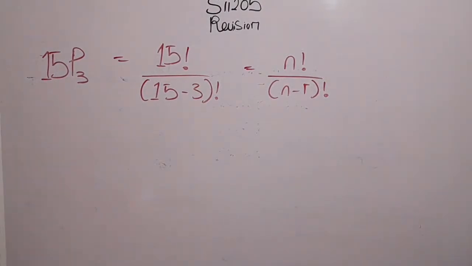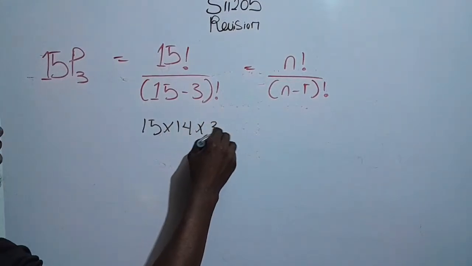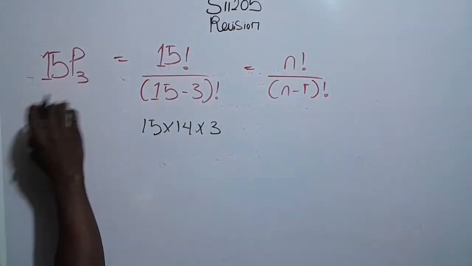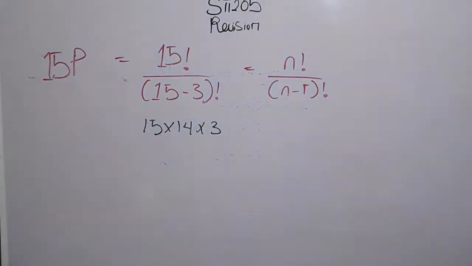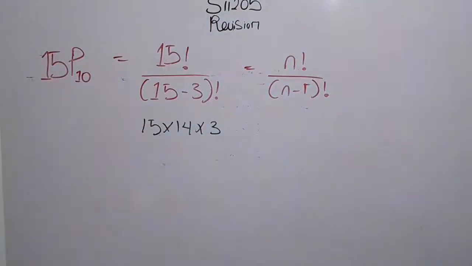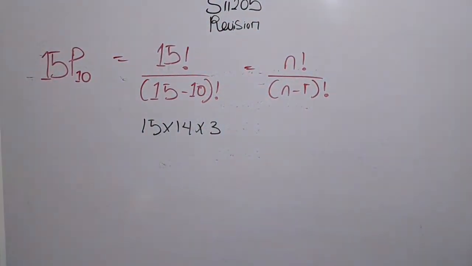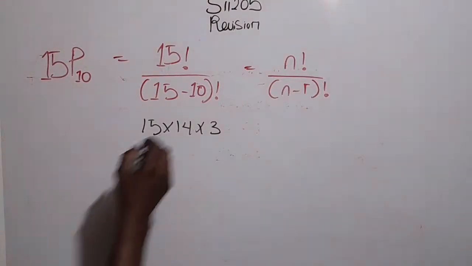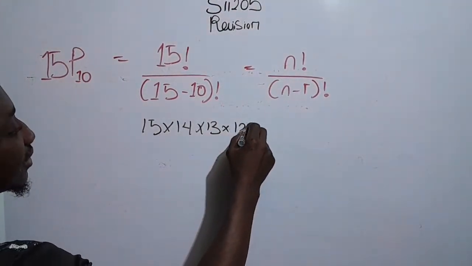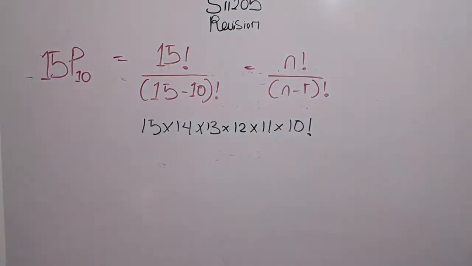And by the time you already have 15 times 14 times 13, let's assume that this is 10. So by the time you get to 14, 13, 12, 11, you are stopping at 10 factorial.